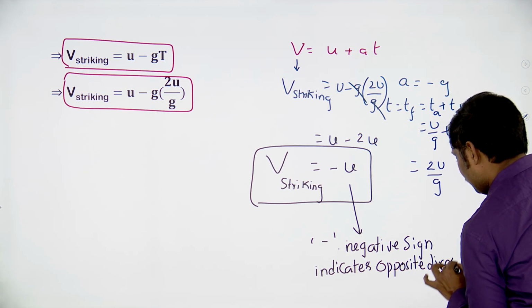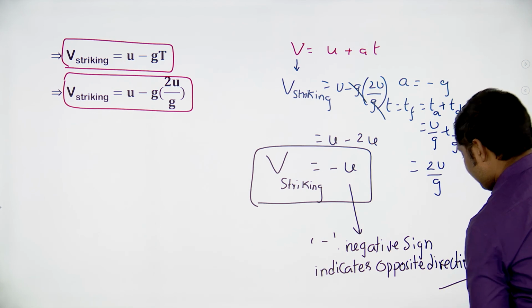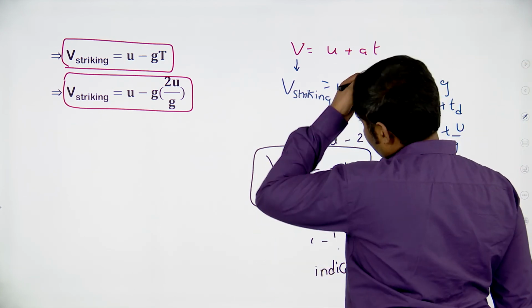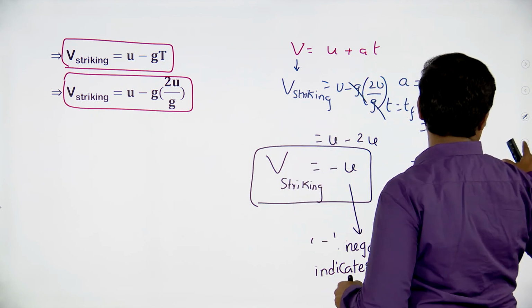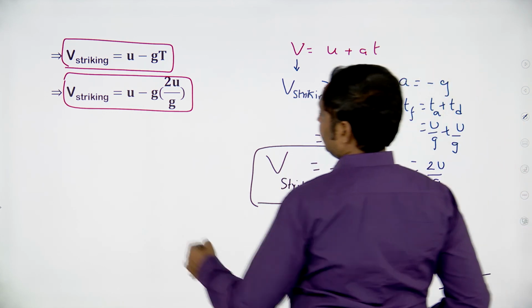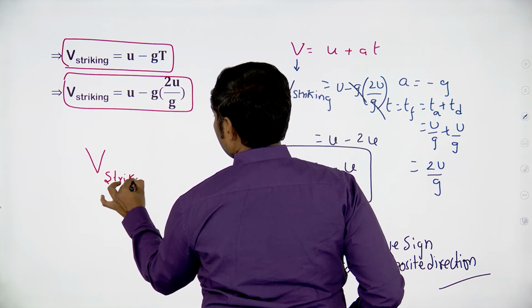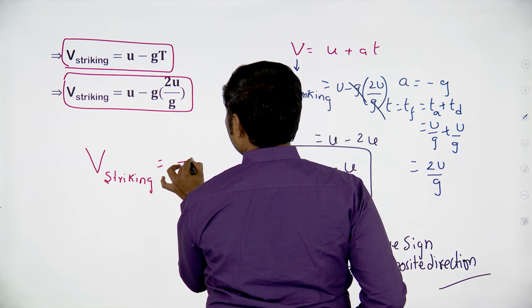Finally, what we have is v striking equals minus u.